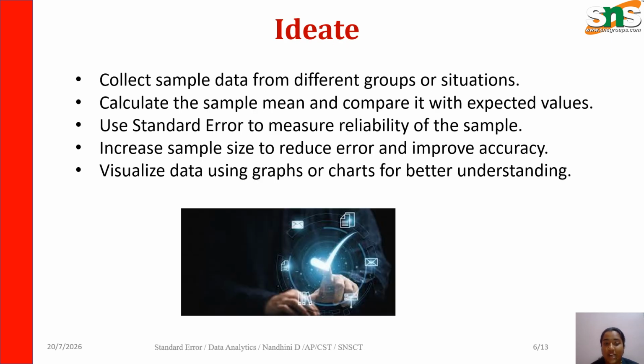So next is the ideate phase. In this ideate phase, we first collect samples from different groups in different situations. The sample mean is compared with its expected values. We use standard error to measure the reliability of the sample, increase the sample size to reduce the error, and visualize the data with the help of charts. In this phase, AI makes delivery predictable with live tracking, instant customer support chatbots, and personalized delivery notifications.